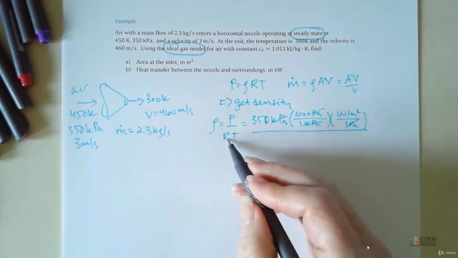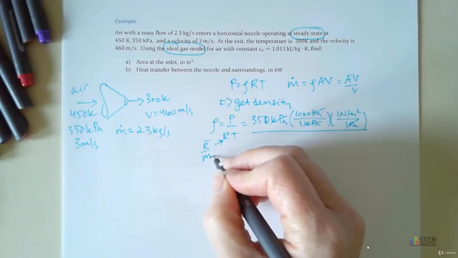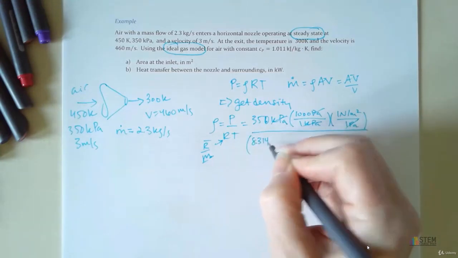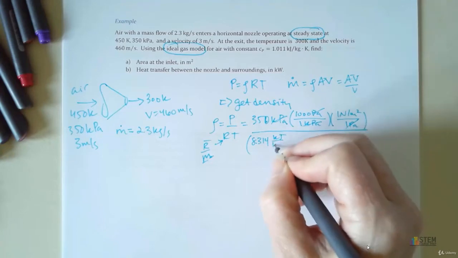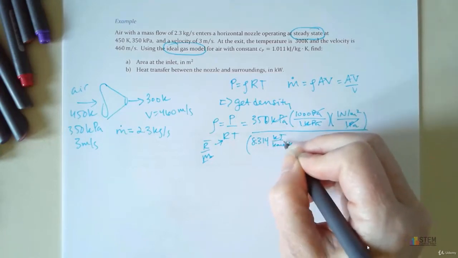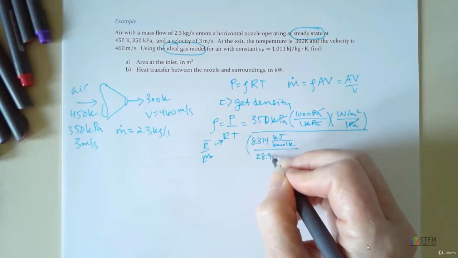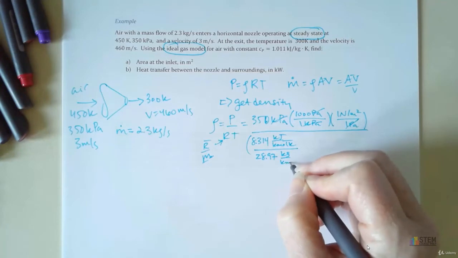In the denominator, we need R. Remember, R is R bar over molecular weight. So you get 8.314. That's kilojoules per kilomole Kelvin. Put that over molecular weight for air, which is 28.97. That's kilograms per kilomole.